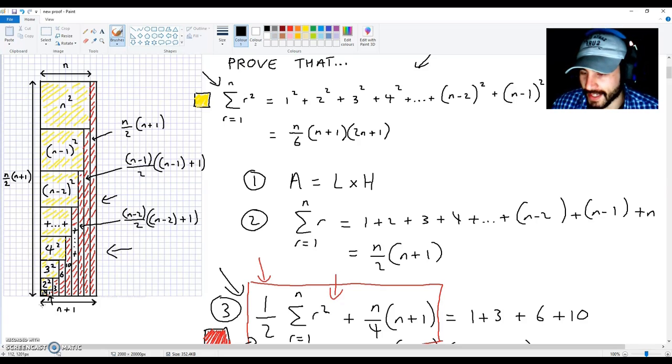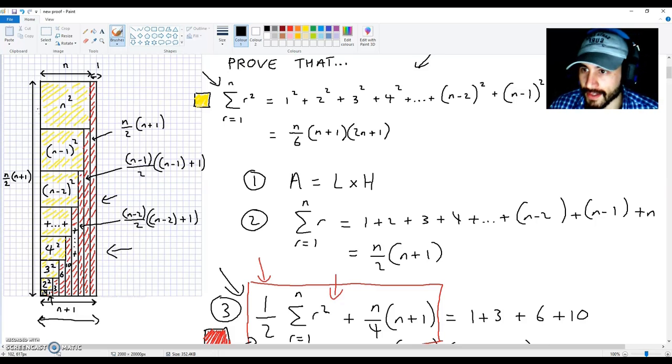Over here I've labeled this length n+1. That is because the length of this square at the top, the largest square, shaded in yellow, is n, and the length of this rectangle over here is simply 1.